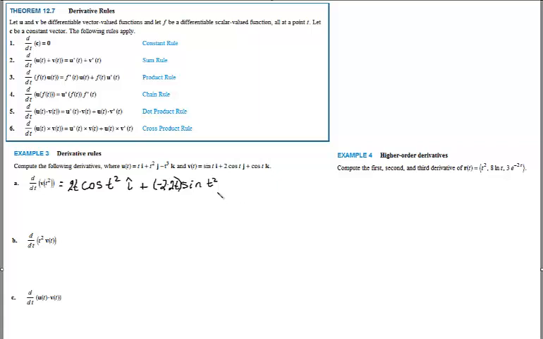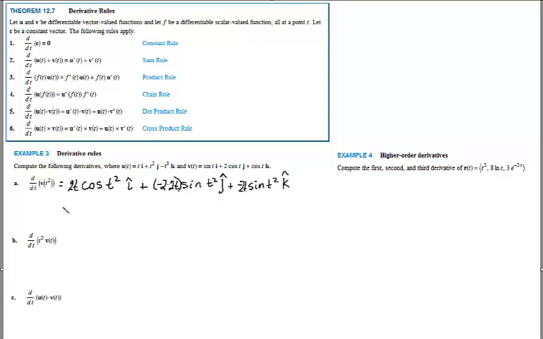So I'll need to write that a little prettier, and that is j hat plus derivative of cosine is negative sine t squared times 2t, and that is k hat.